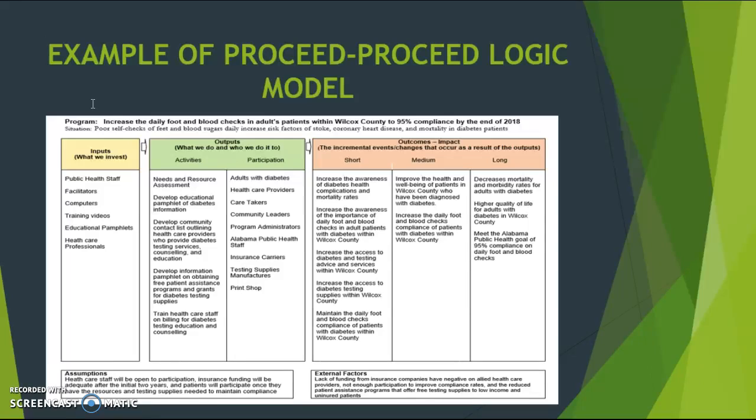So we have the inputs, which are your public health, your patients, training videos, everything that could potentially help improve the disparities in the community and get the message out and increase the program itself. And then to the right here, you have all your outcomes and your short-term, medium, and long-term goals.